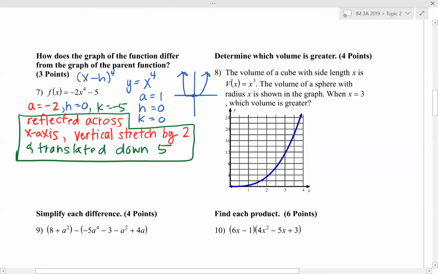And so they're telling us the equation for the volume of a cube. And they're giving us the graph of the volume of a sphere. So this represents the volume of the sphere. So when we're looking at when x equals 3, we're identifying this point.